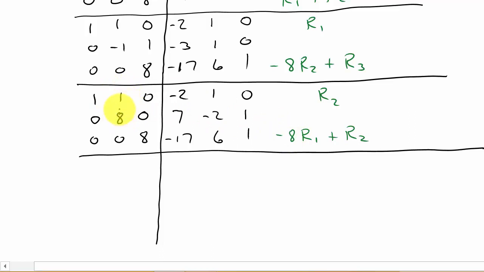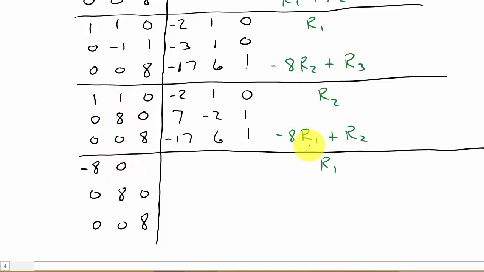All right, and I'm replacing row 1, so I'll write that down here. Let's write these two rows down. So now I have negative 8 times 1 is negative 8. Negative 8 plus 0 is negative 8. Negative 8 times 1 is negative 8. Negative 8 plus 8 is 0.